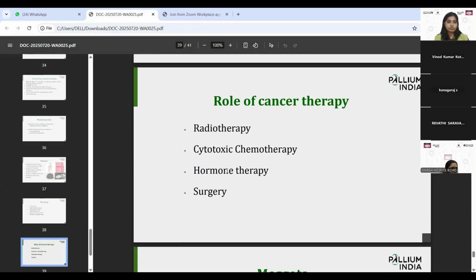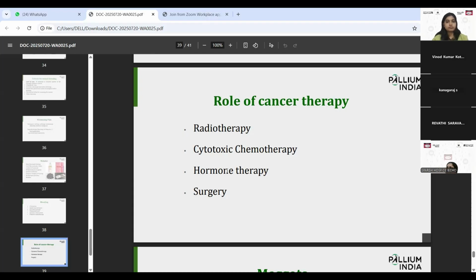Here, role of cancer therapy. Many of the patients won't be aware that they are getting a malignant growth. Once it is diagnosed as malignant, a fungating wound, malignant Marjolin ulcer, we can ask the doctor if the patient is able.